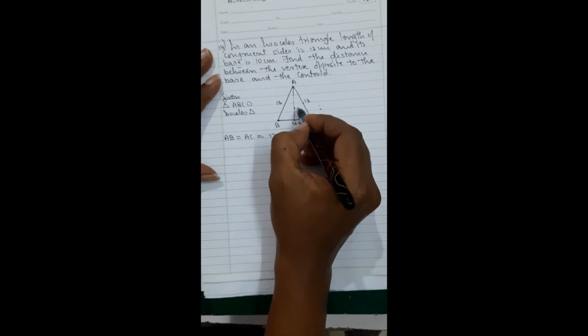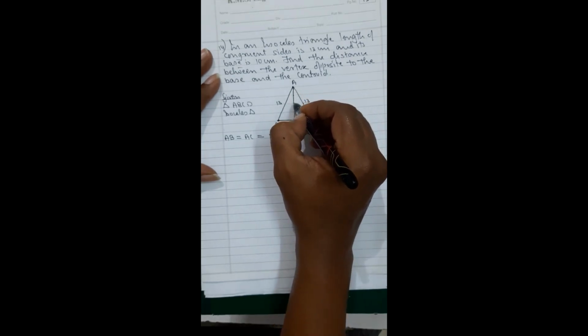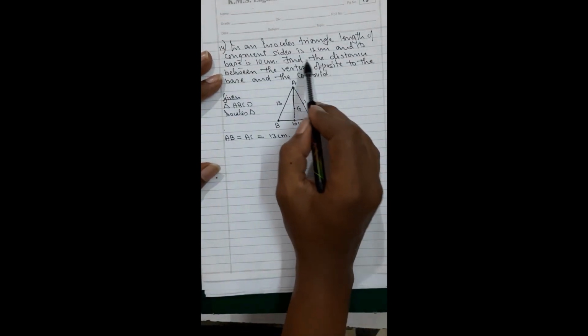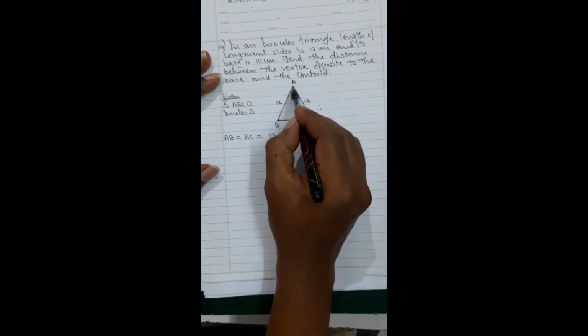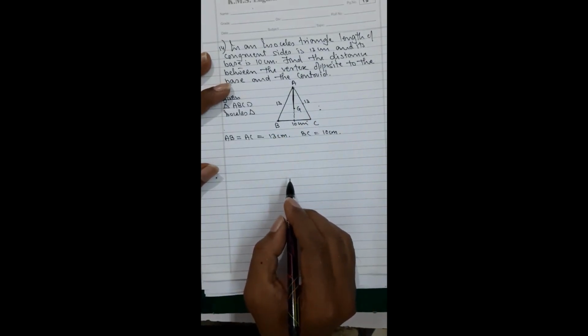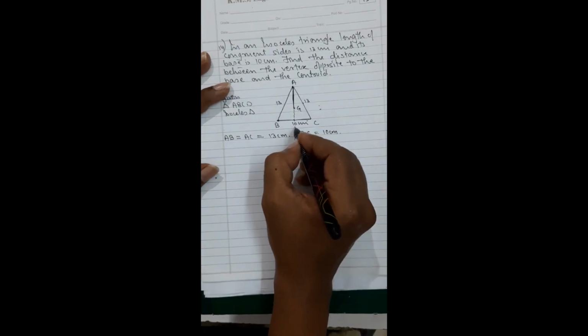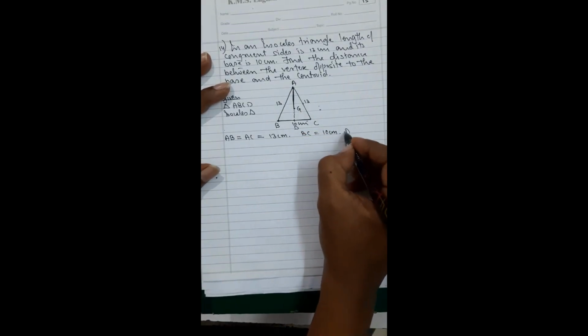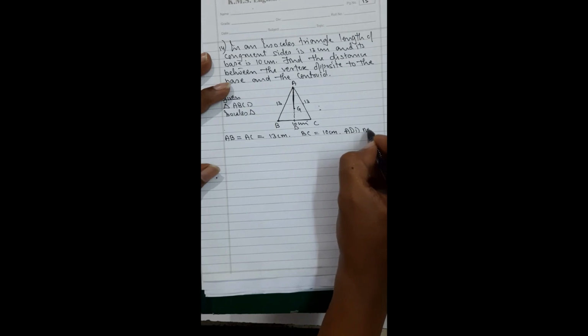This will be the centroid G. So this is the distance they are asking us. Try to understand: find the distance between the vertex opposite to the base and the centroid. So this AG they are asking us to find. Of course, this is AD. AD is a median. This also you have to write.